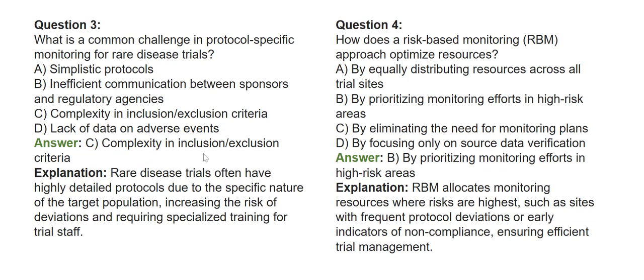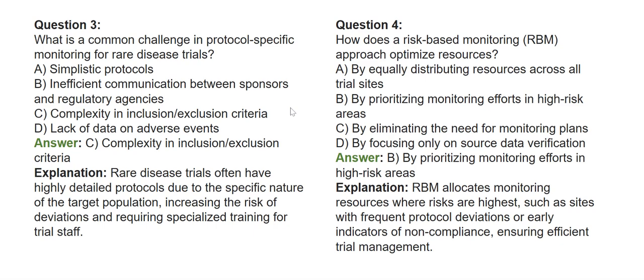And here we have C, complexity in inclusion and exclusion criteria. As rare disease trials often have highly detailed protocols due to the specific nature of the target population, increasing the risk of deviations and requiring specialized training for trial staff.